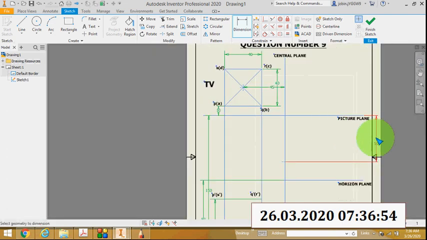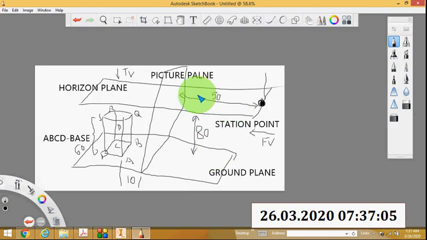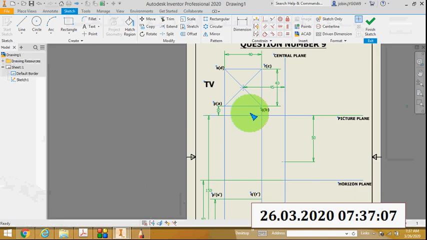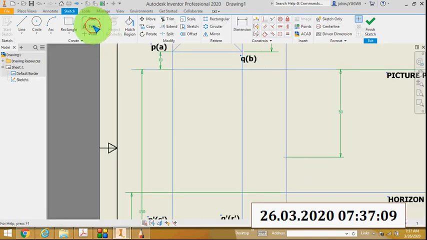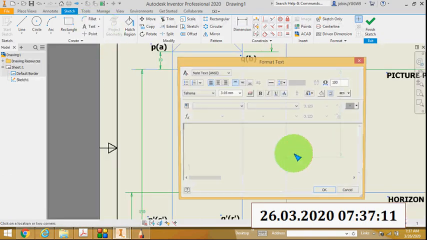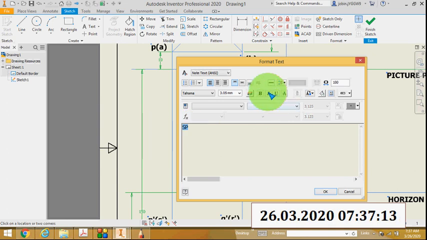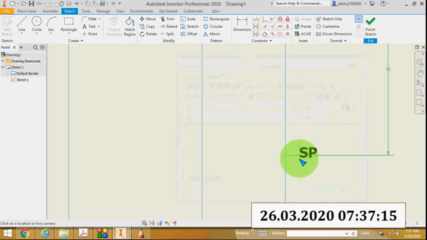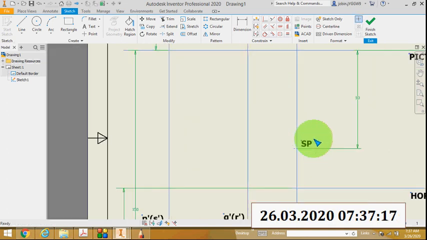This is the top view, so I will name this as SP.